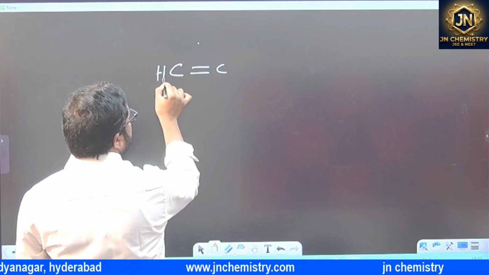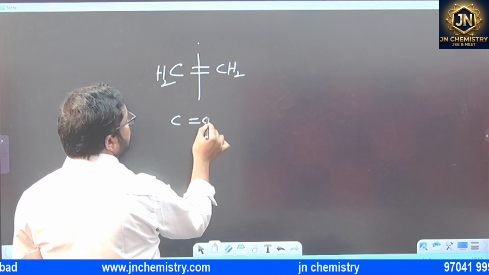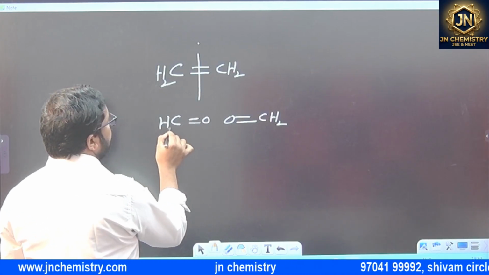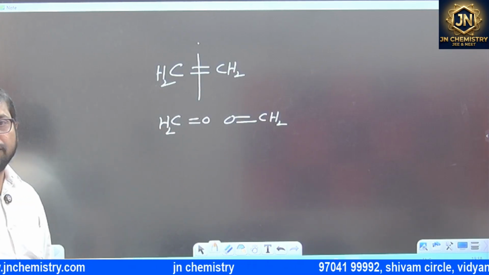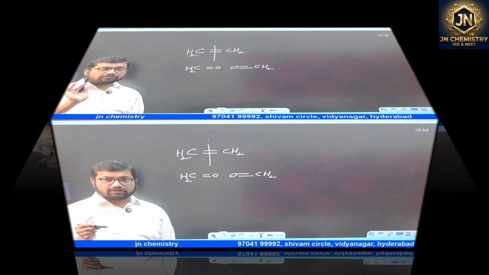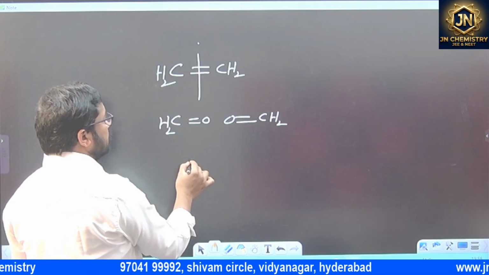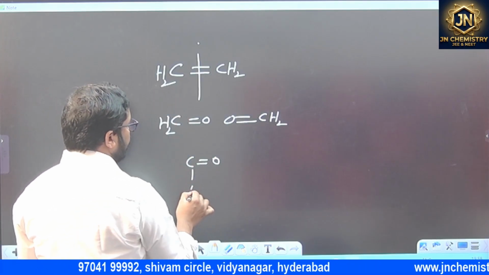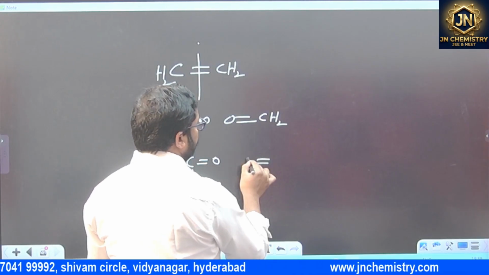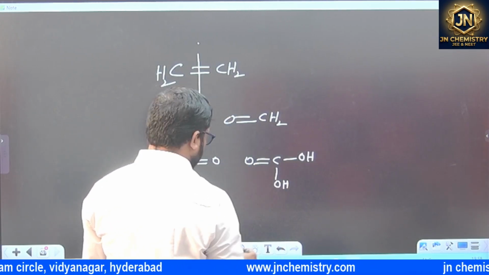For example, the CH2 CH2 example, same like ozonolysis, do it. So easy, right? Second step, what we need to do, the double bond carbon, if it is having the H, we need to replace the H with OH. Here 2 hydrogens are there, 2 OH groups. Here also 2 OH groups. Remove the water molecule.